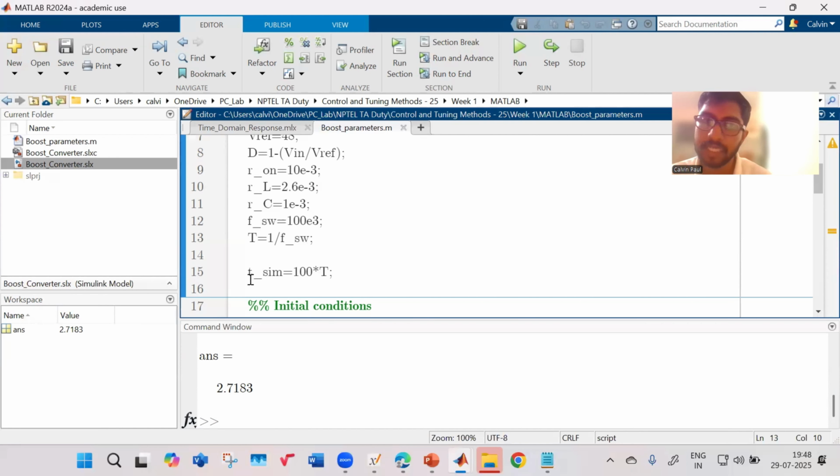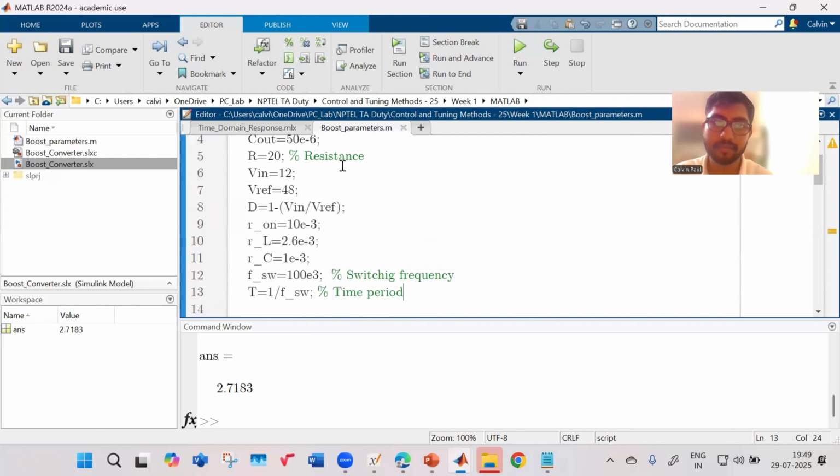T_sim is my simulation time. So these are the various parameters: this is my switching frequency, this is my time period, and V is my input voltage. This is the desired output voltage.